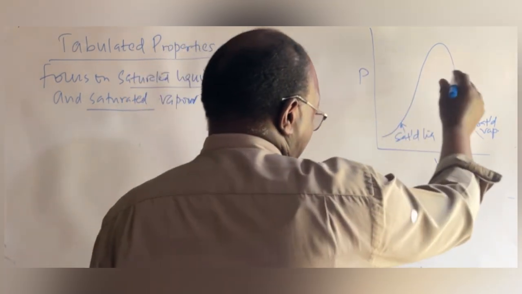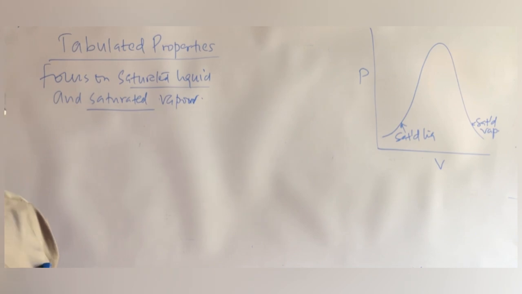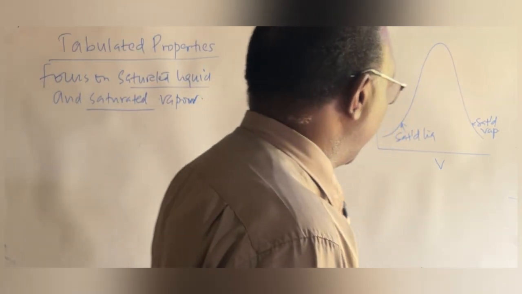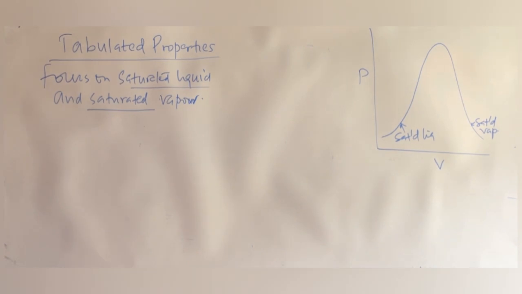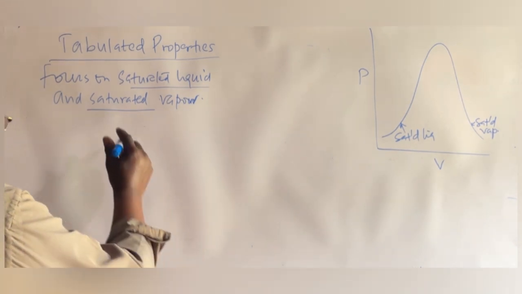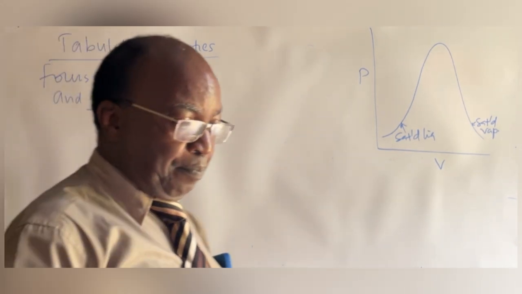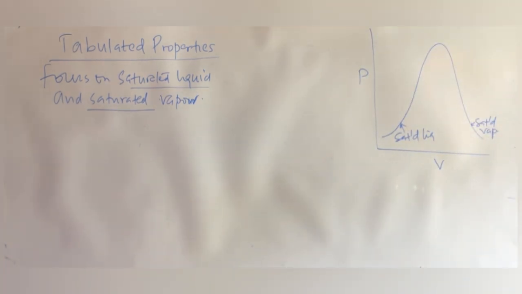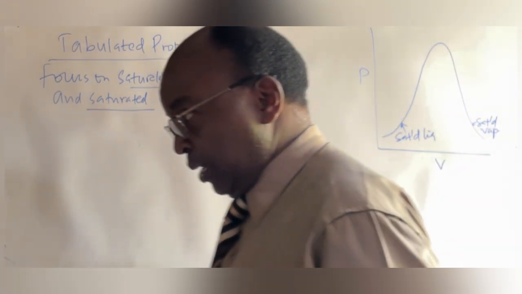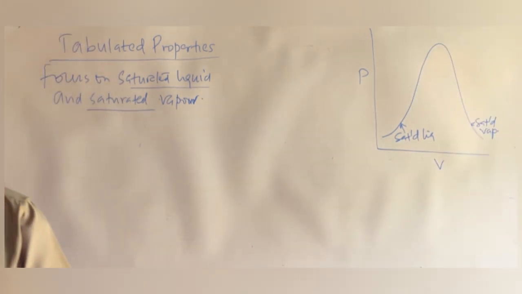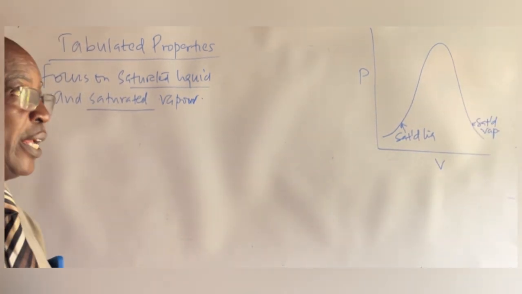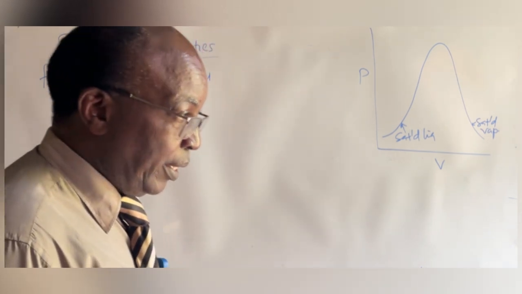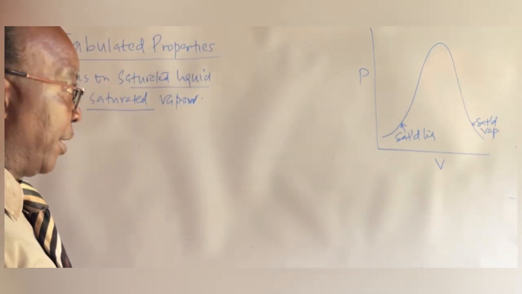We can also have the temperature entropy matrix. Now, if you know a property of, for example, the saturated vapor or saturated liquid, then you are going to be able to tell the other properties which are required to define that particular system. That's very important for us to note.